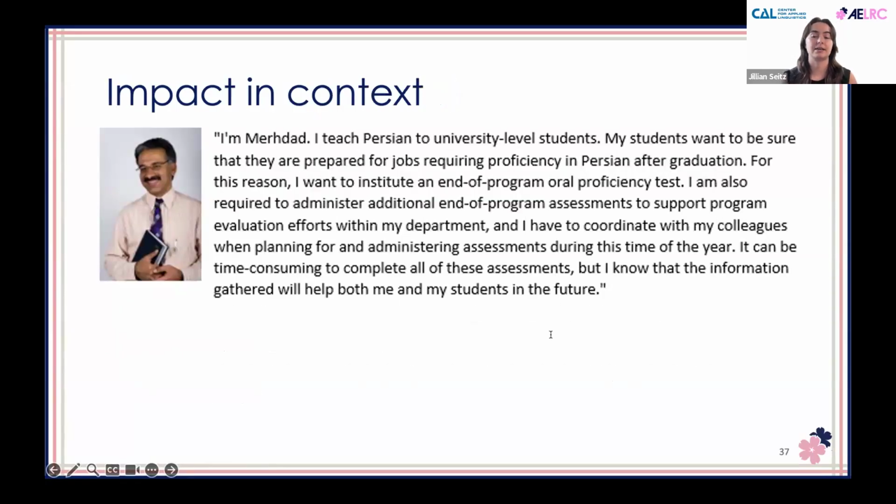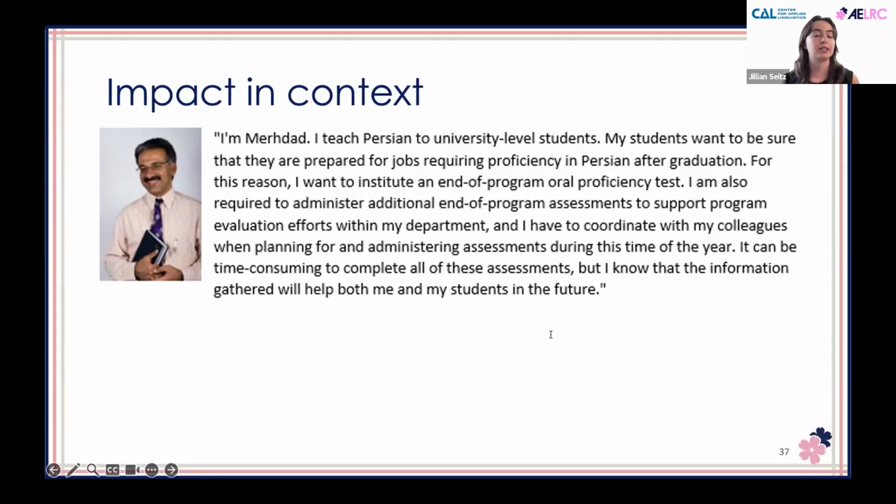Let's take a look at an example of impact in context. This is Merdad. He says, I teach Persian to university level students. My students want to be sure that they are prepared for jobs requiring proficiency in Persian after graduation. For this reason, I want to institute an end of program oral proficiency test.